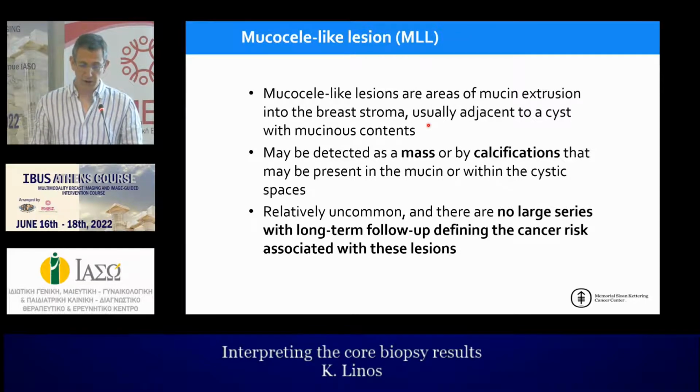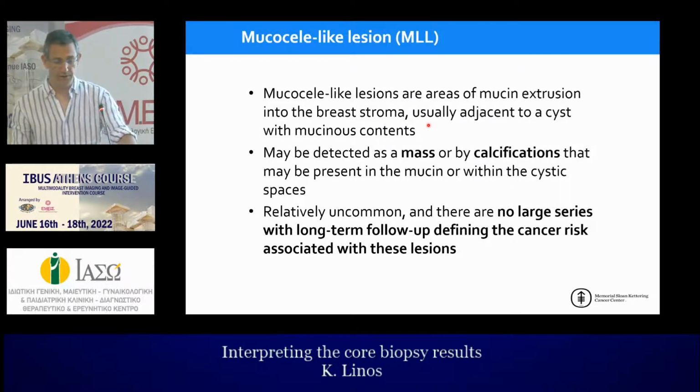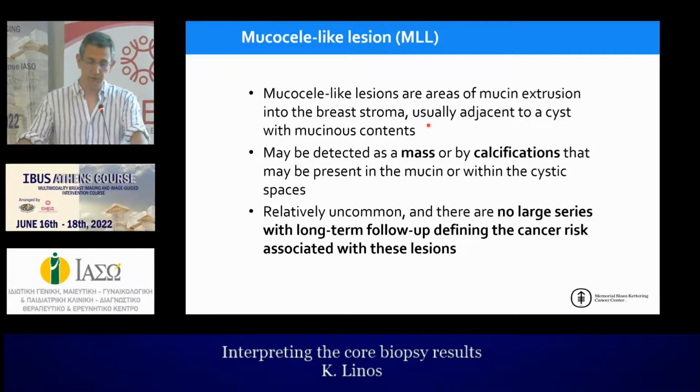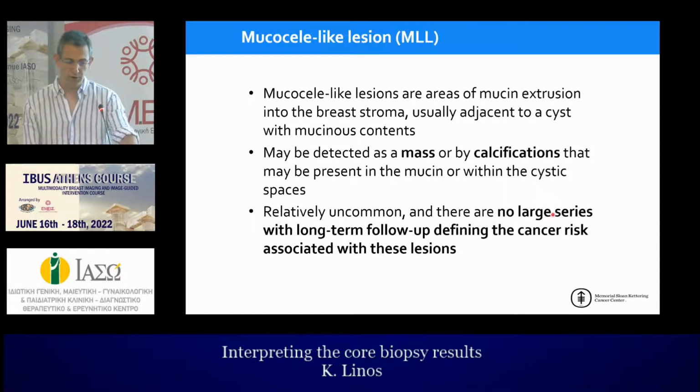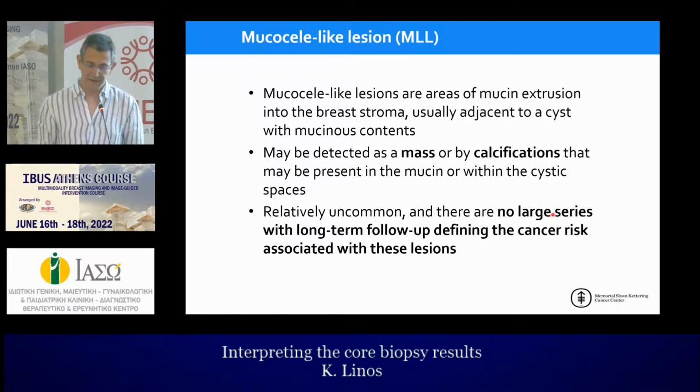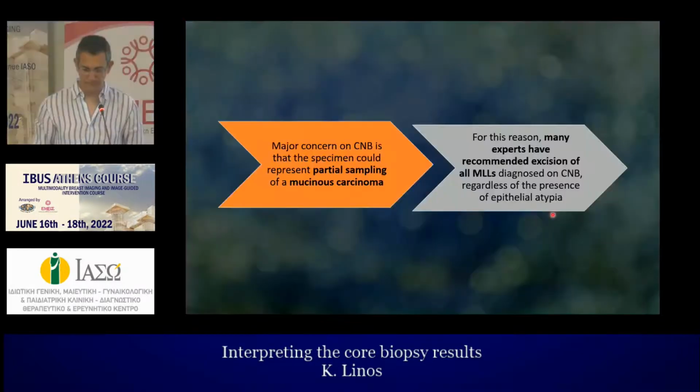Mucocele-like lesions are lesions that have mucin extrusion, right? Into the breast stroma, usually adjacent to a cyst with mucinous contents. This can be detected because the patient has a mass or because the patient has calcifications. They're relatively uncommon, and because of that, there are no large series with long-term follow-up defining the cancer risk associated with these lesions.